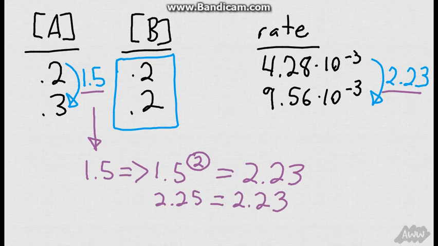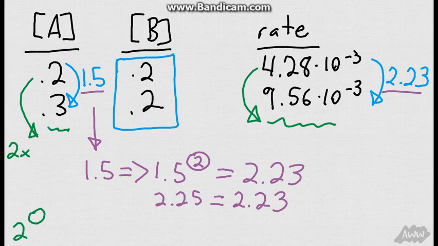Now, in the previous problem, what I did was 2 to the what power, and then this increase in rate, whatever these concentrations were, that was a fourfold increase. So 2 to the what power has to be equal to 4.